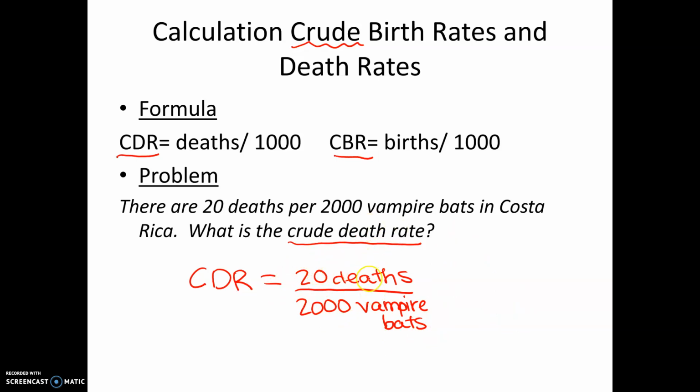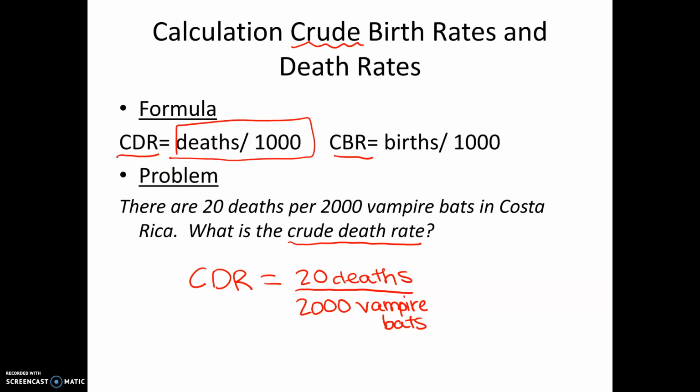Okay, so basically we need to turn this into deaths per 1,000. So we're taking this and we're going to make this formula right here look like this.